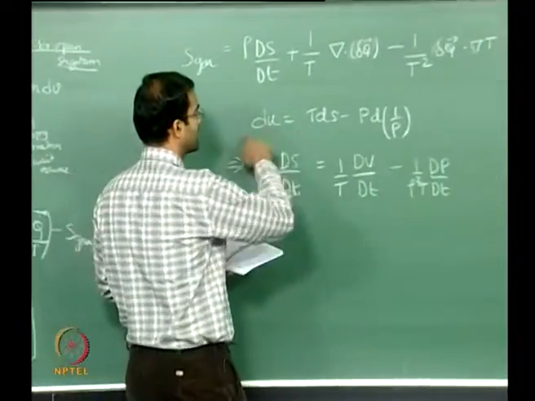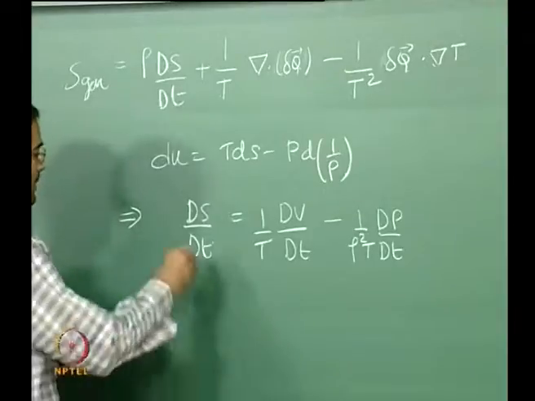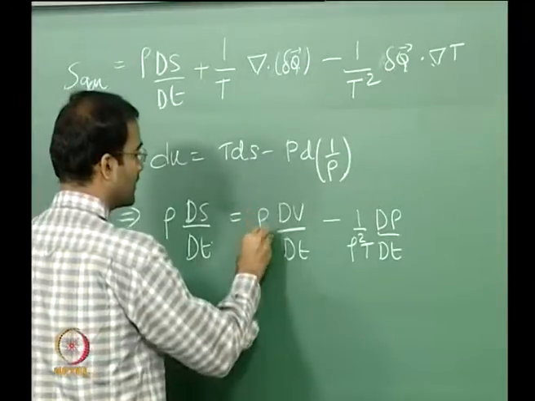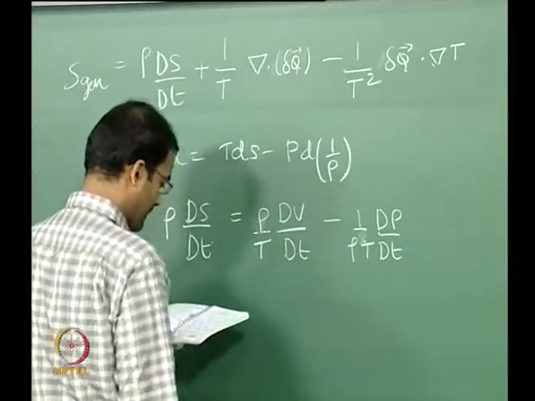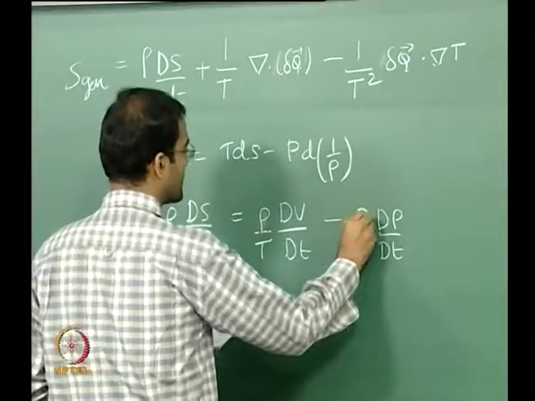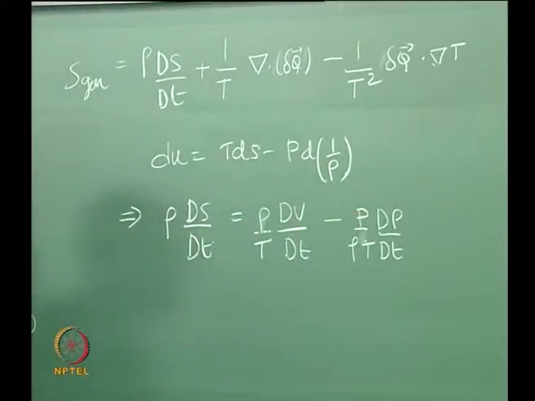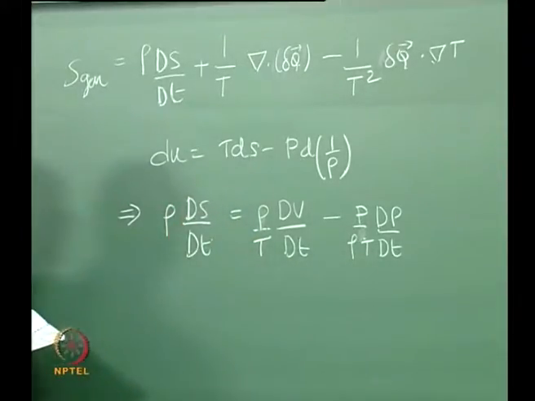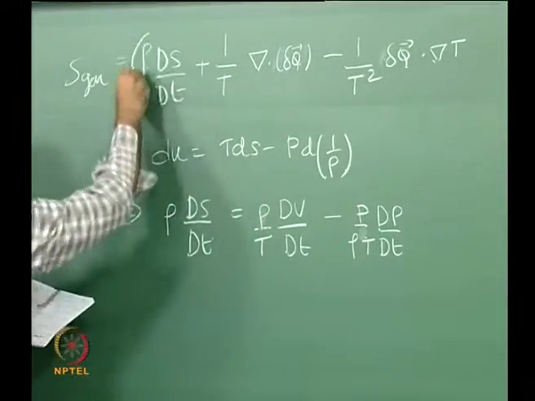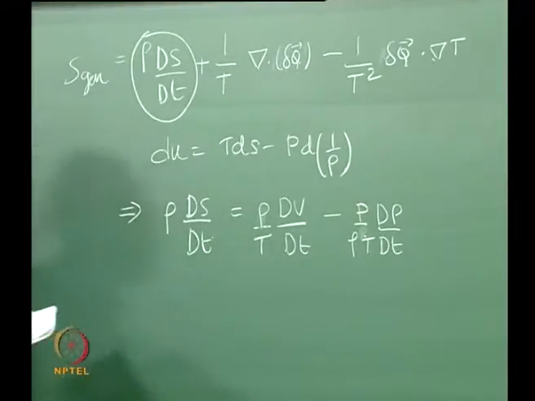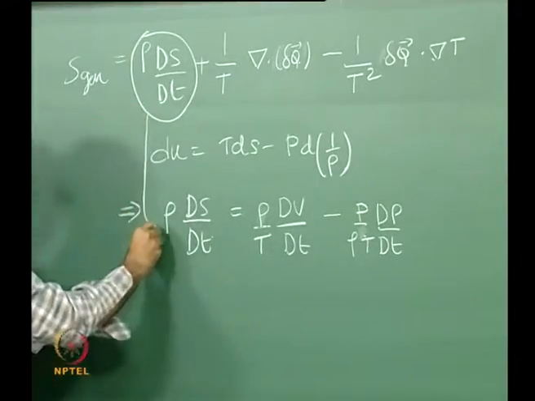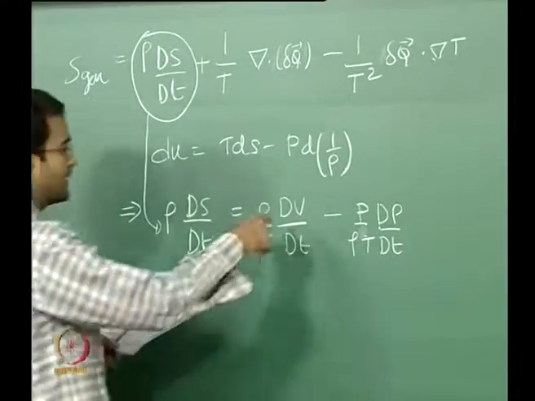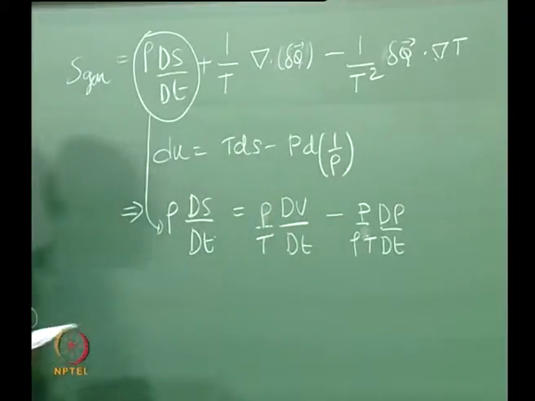So I am taking this T, dividing it on the other side, so I am now going to multiply this by rho throughout, so that this can be written with a P here, P by rho T, right? This is a little bit of manipulation to suit my convenience here, because now I have to find some relation for rho ds by dt. So I am just expressing this from the Gibbs equation, okay. I am connecting that to the change in the internal energy and the change in density with respect to time.